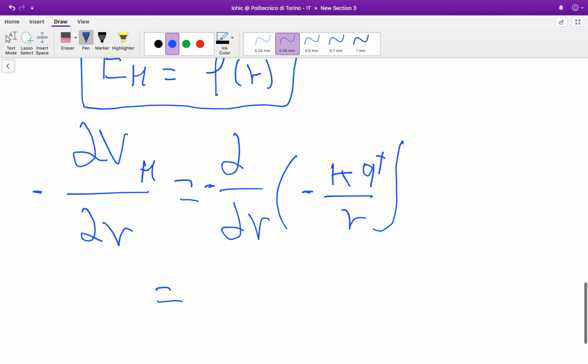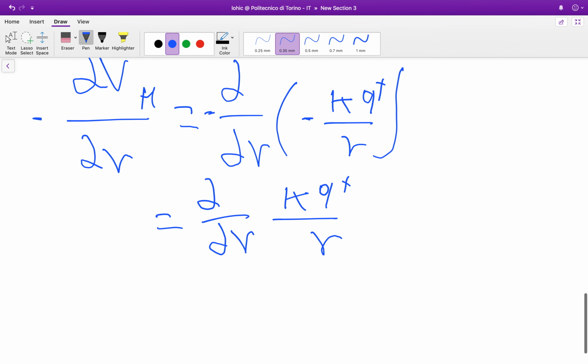I am just doing the derivative of the electric potential with respect to R. So the minus and the minus cancel. This becomes the derivative with respect to R of K times Q plus over R. Yes or not?